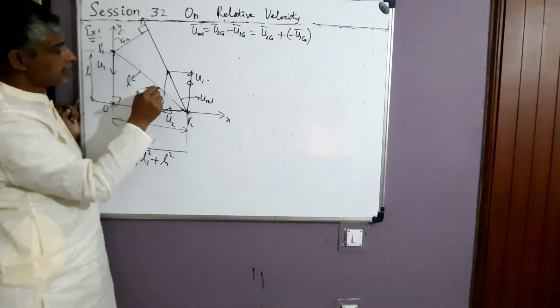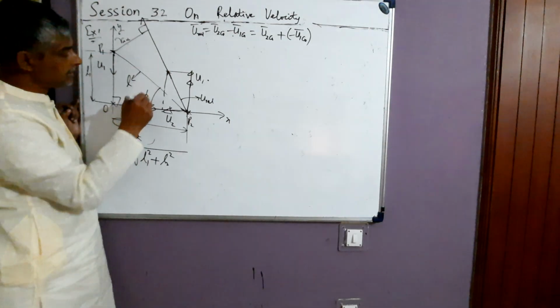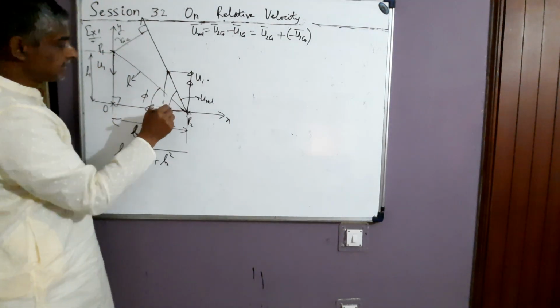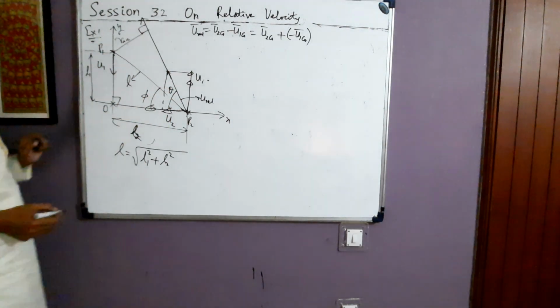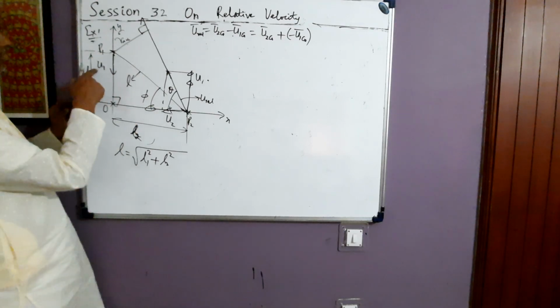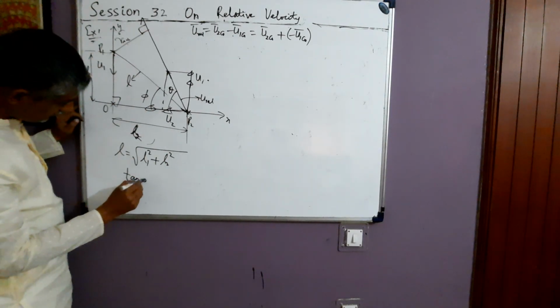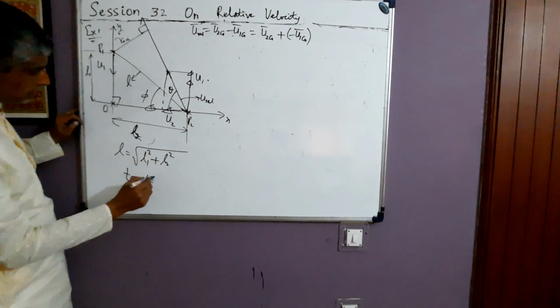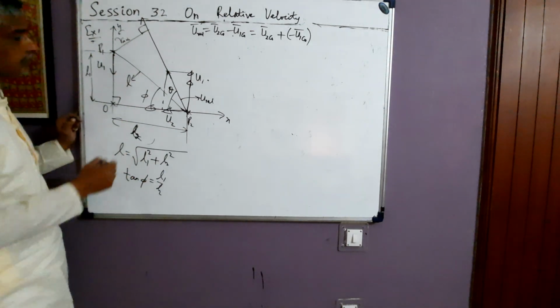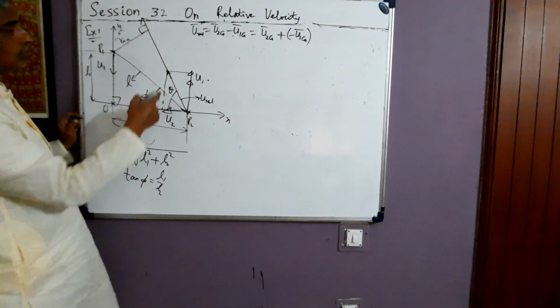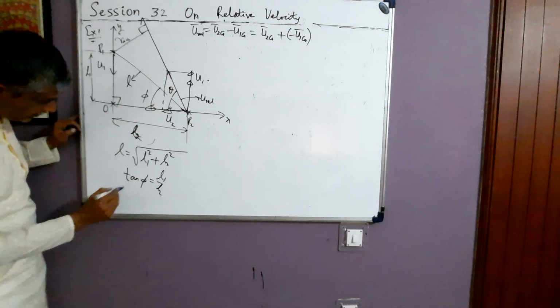So now we take this angle as phi and we take this angle as theta. From this you can see tan phi is just L1 by L2, right angle triangle. Tan phi is equal to L1 by L2 and tan theta is equal to u1 by u2.